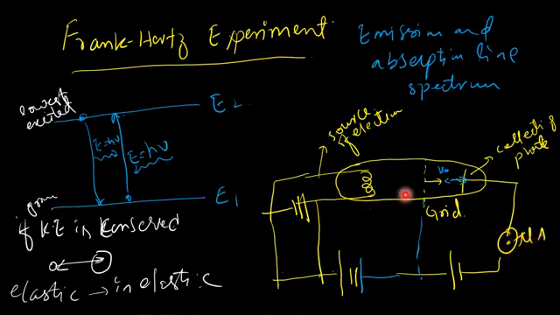Again, when the critical energy is reached, the electron will transfer all of its energy to another atom to raise it to the same excited state, and again there will be a drop in the current shown by the ammeter. In this way, a series of critical potentials is obtained for the atomic vapor. Its plot will be like this one.